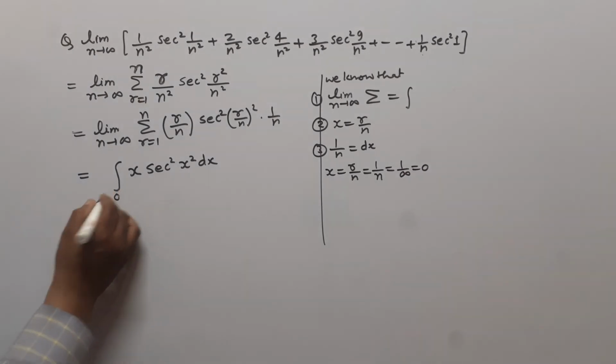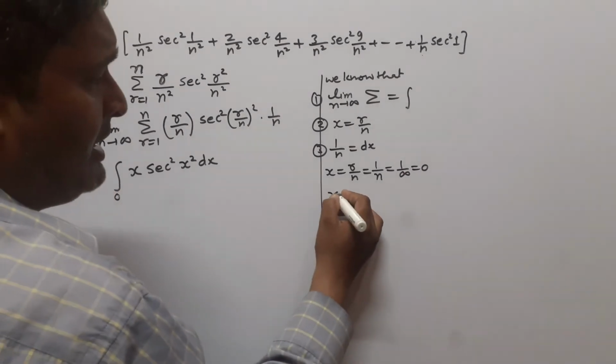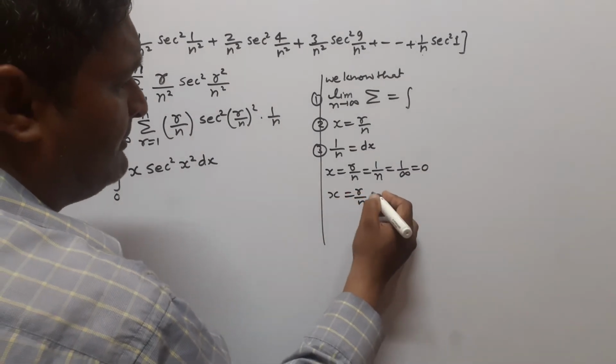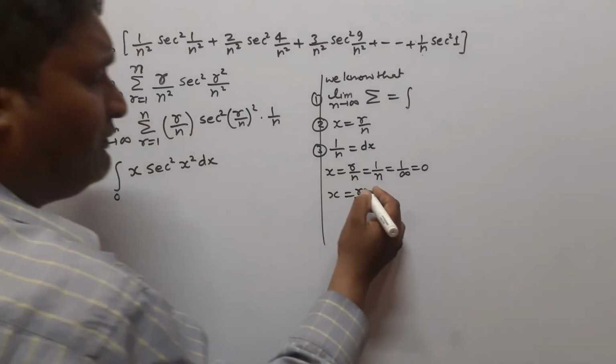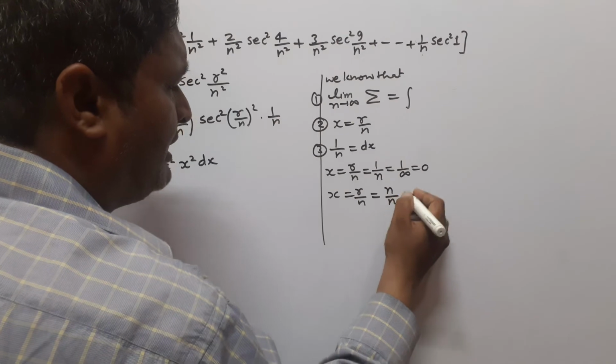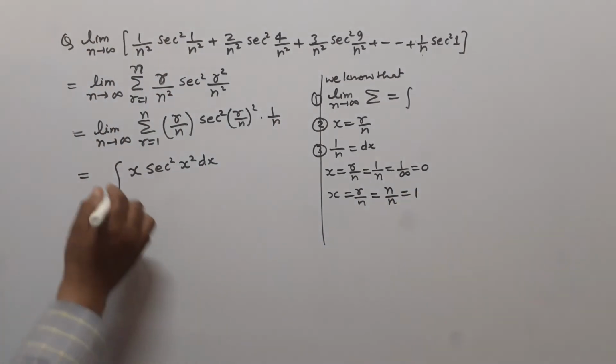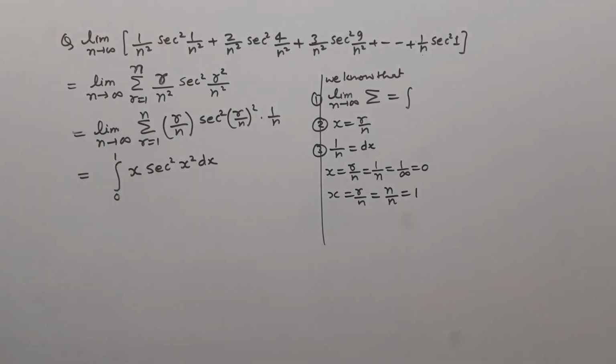So the lower limit is 0. Now x equals r by n, and the upper limit of r is n, so n upon n is 1. So the upper limit of this integral is 1. Now we integrate x sec square x square between the limits 0 to 1.